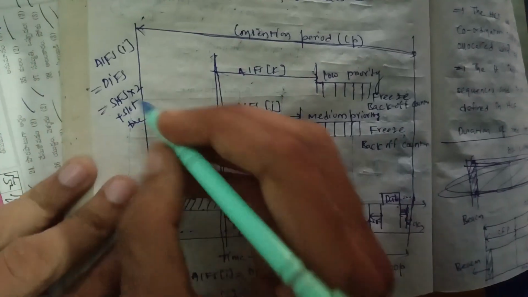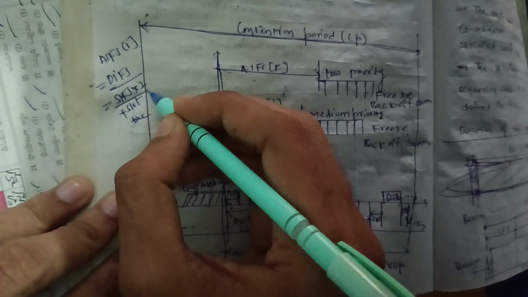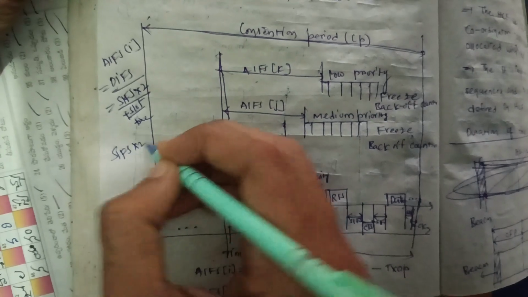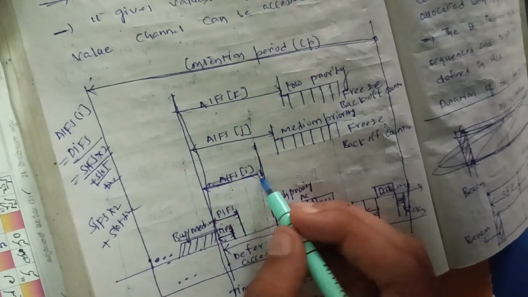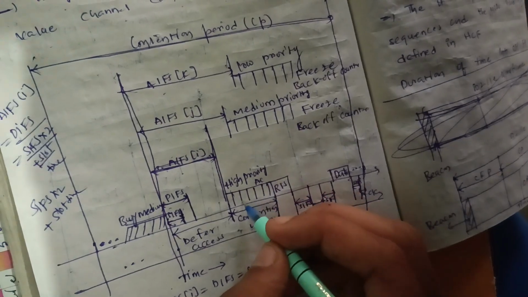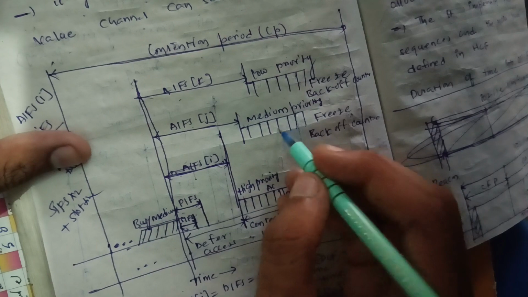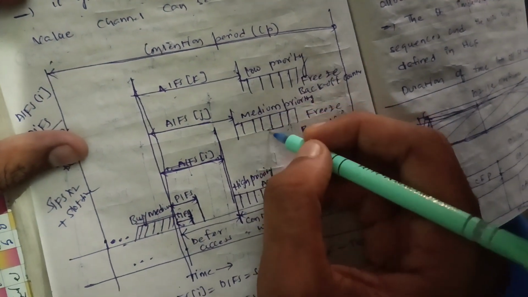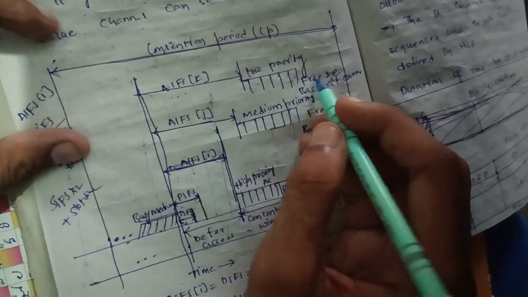This AIFS of I is equal to DIFS, which is equal to SIFS times 2 plus slot time. This first node has the highest priority to transfer the data. Then the second one, AIFS of J, has medium priority, and after completion of the high priority data, the medium priority node will send the RTS message. Next, AIFS of K is low priority data.